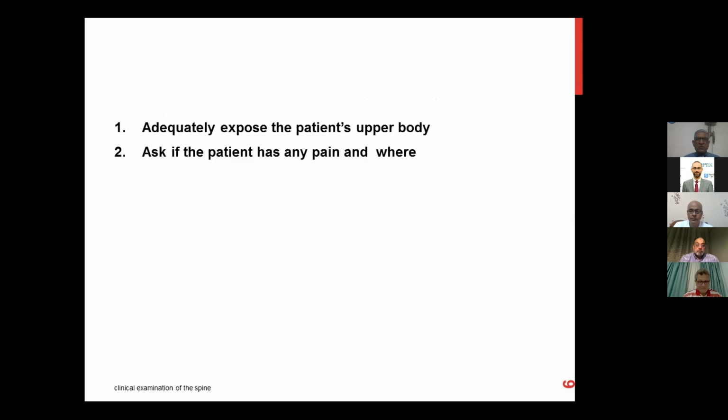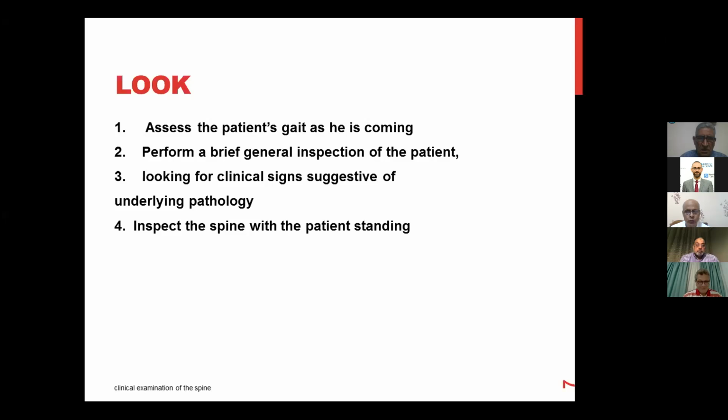We should adequately expose the patient's upper body and ask the patient if he has any pain and where it is. As the patient is coming into the room, we examine his gait as he enters, looking at his feet and his trunk and how he walks.